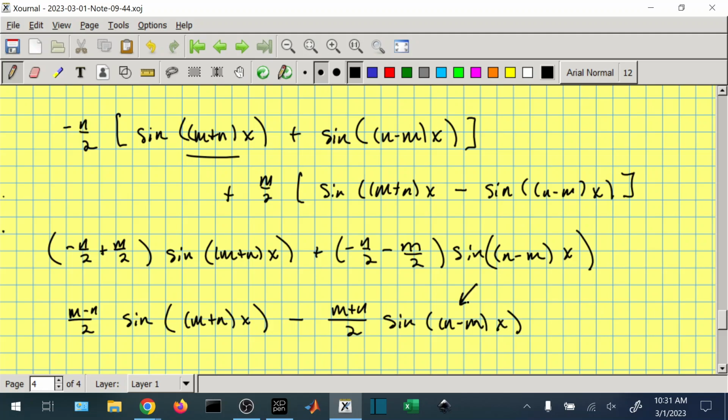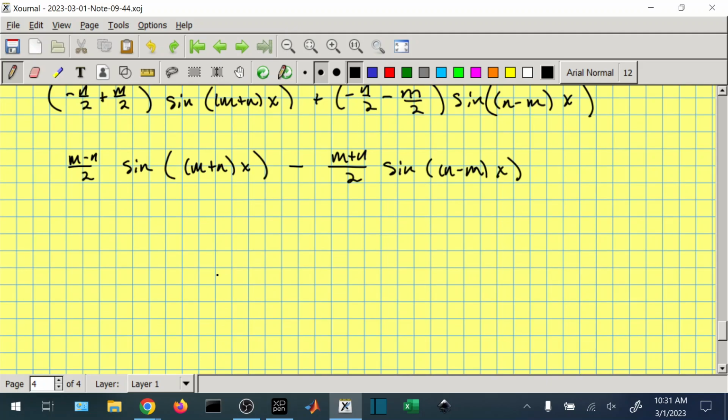So I don't have a 0 here, and I don't have a 0 here. And the question is, can this ever equal 0? And if m and n are integers, aren't m plus n and n minus m integers too? Equal to 0. All right.